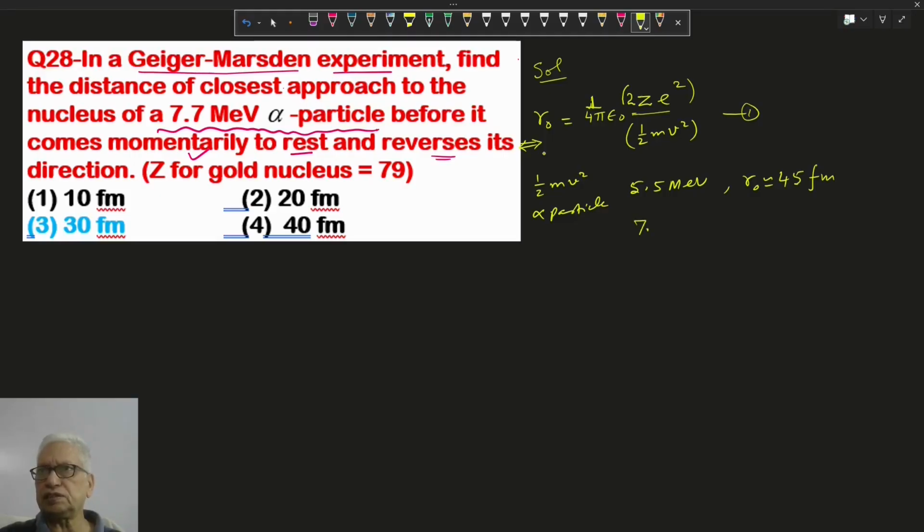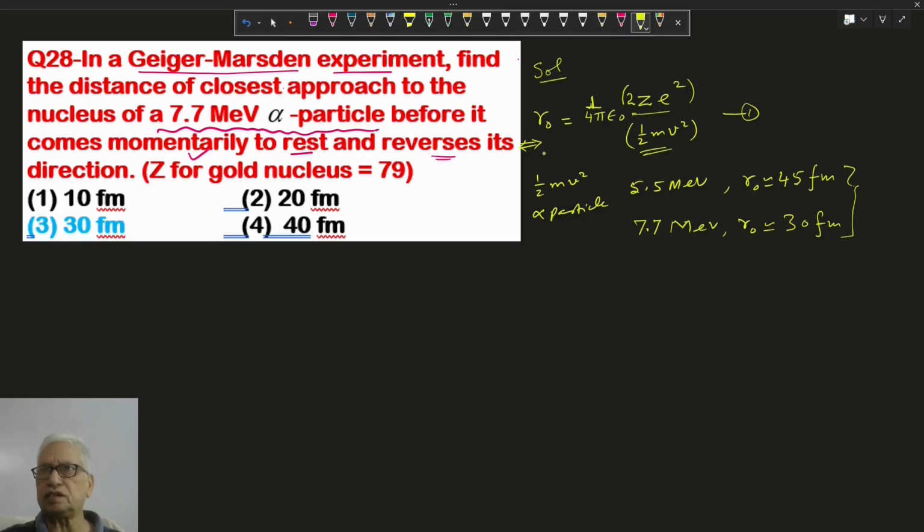If they increase the energy up to say 7.7 million electron volt, this radius will decrease, because on increasing the energy the radius decreases. It is roughly 30 Fermi. Suppose we take more energy, then the alpha particle may collide with the gold nucleus.